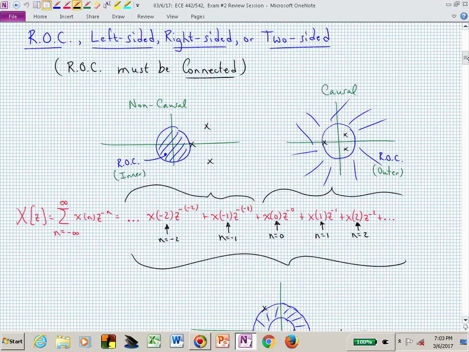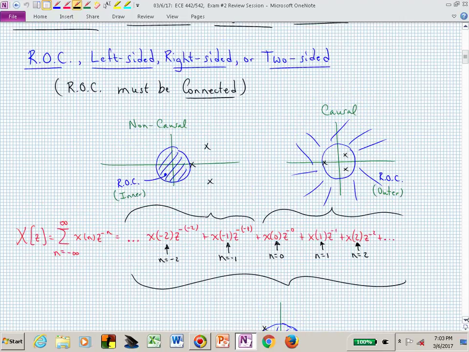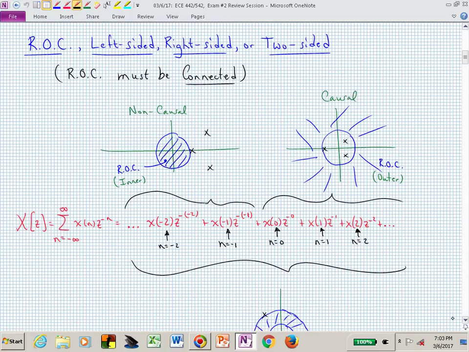I hope that you can see that if you have a disk region of convergence, that's this inner circle inside all of your poles, then you have a non-causal sequence, and that corresponds to values of x that have a negative time index.